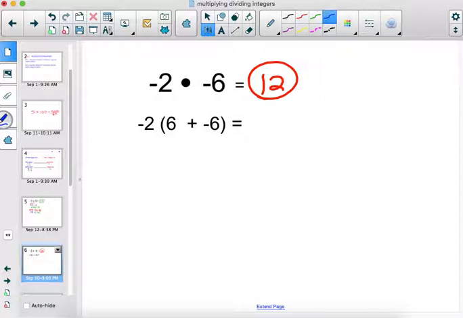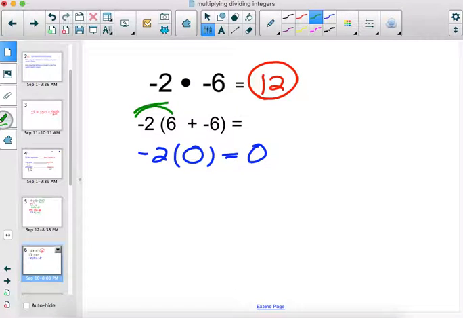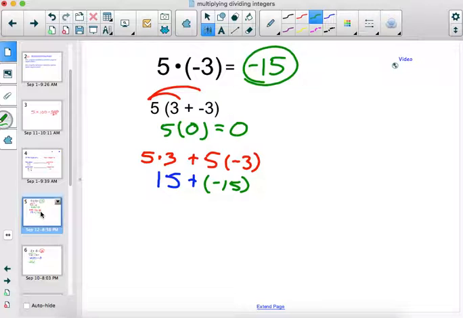Well, Eric said it was 0. Eric, is it still 0? 6 plus negative 6? It is. It still is 0. And so we have 0 times negative 2. Well, anything times 0, we learned, is still 0. So, using this distributive property again, the first thing I have is negative 2 times 6, which we just did the rule for.